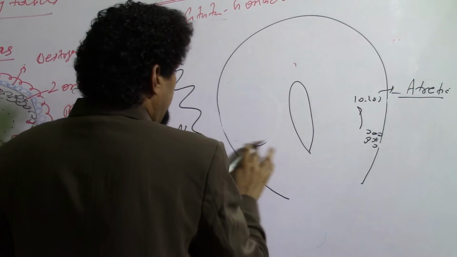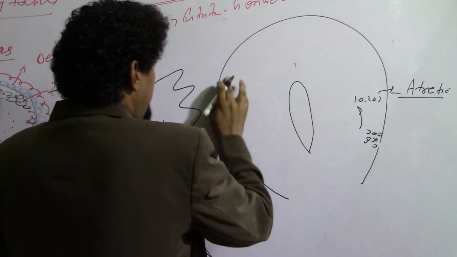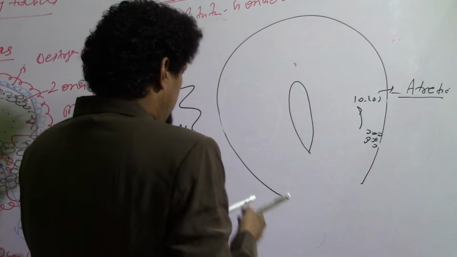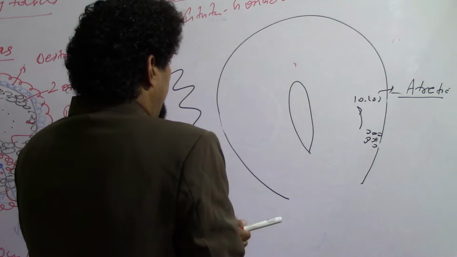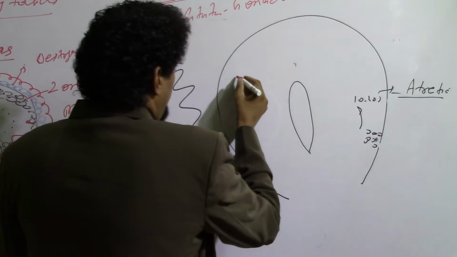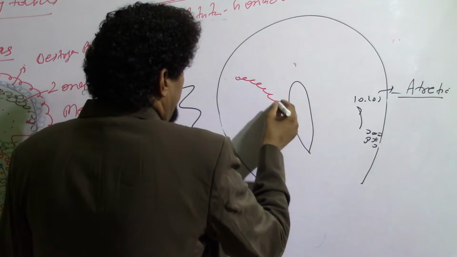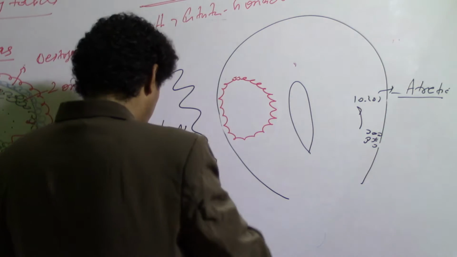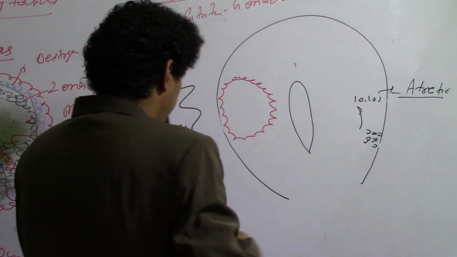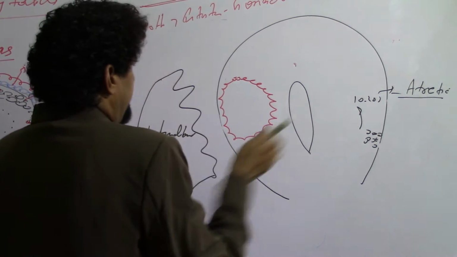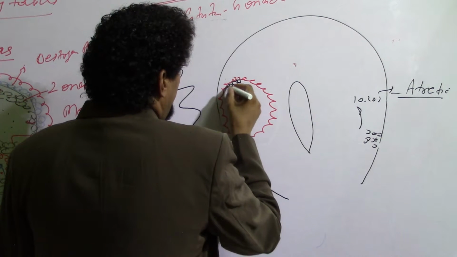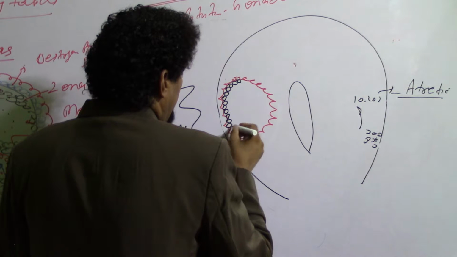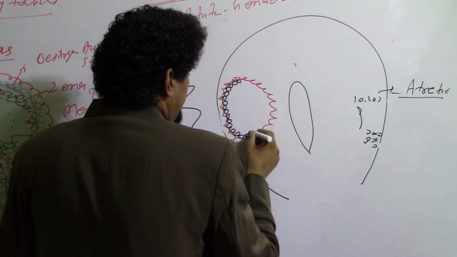theca folliculi, now differentiated into theca interna and theca externa. So here is the outermost layer of theca externa, and here are the round cells of theca interna, multiple layers of theca interna cells.